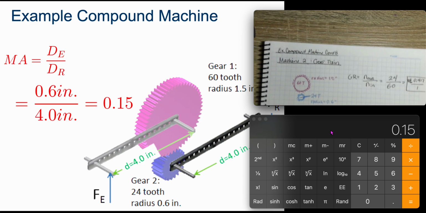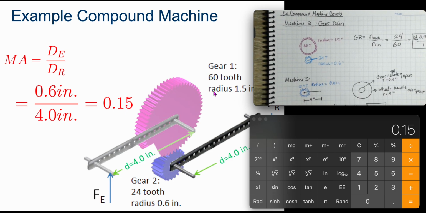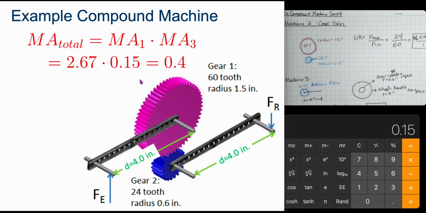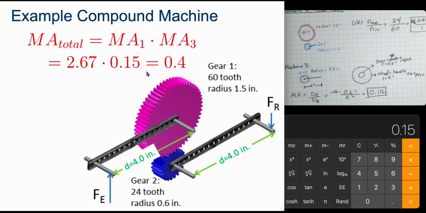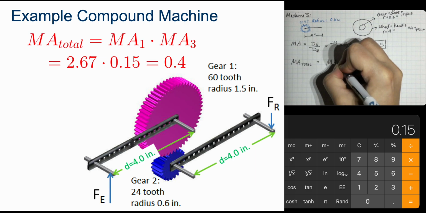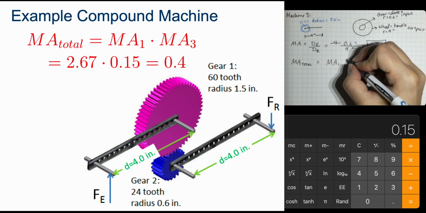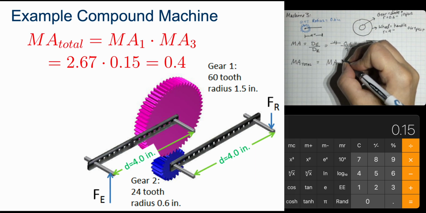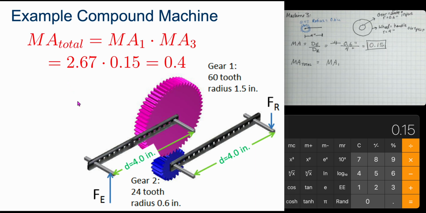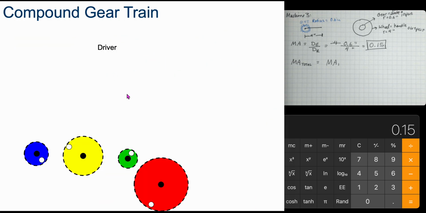So if I want to get my total mechanical advantage, then MA total, that's going to be equal to MA1 times, well, this is weird. Why did they, oh, okay, they multiplied by those and then by that one.